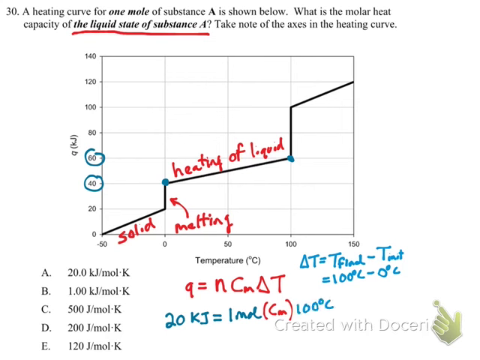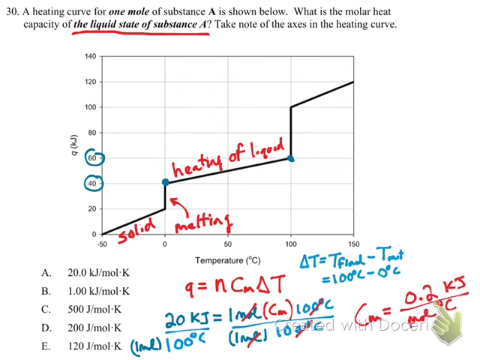And then to solve this problem, we're going to divide both sides by 100 degrees Celsius and 1 mole. Our units will cancel out splendidly on this side, and we'll end up getting that our molar heat capacity is equal to 0.2 kilojoules per mole degree Celsius.